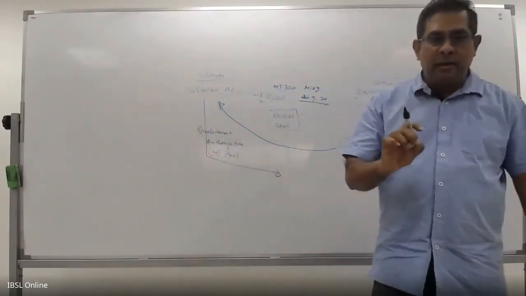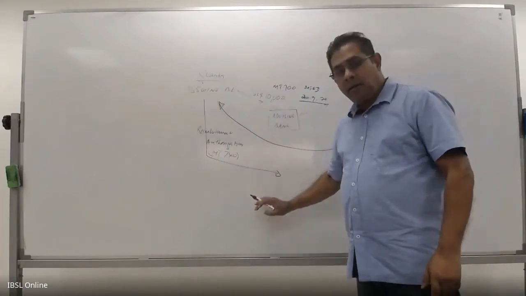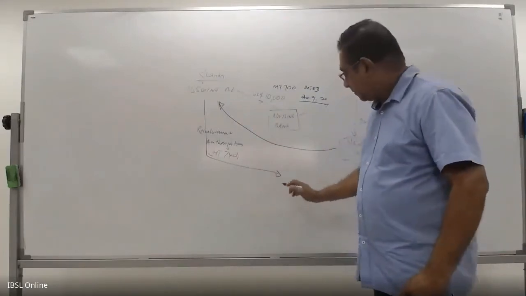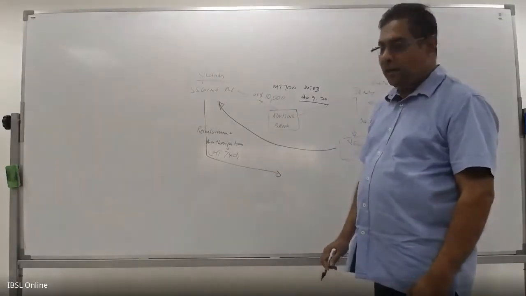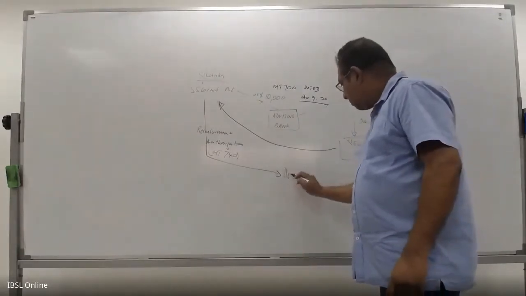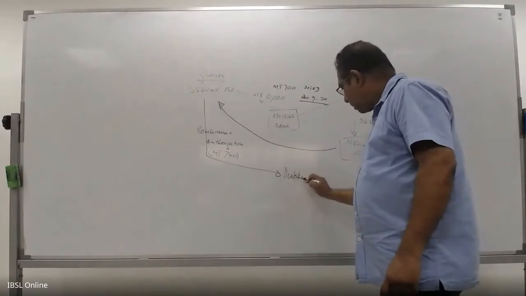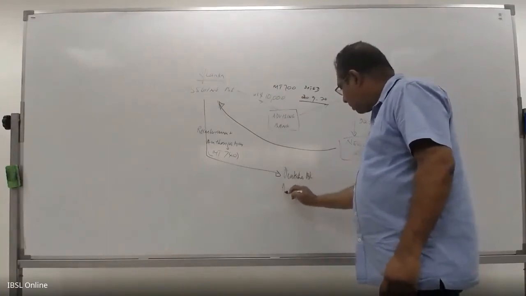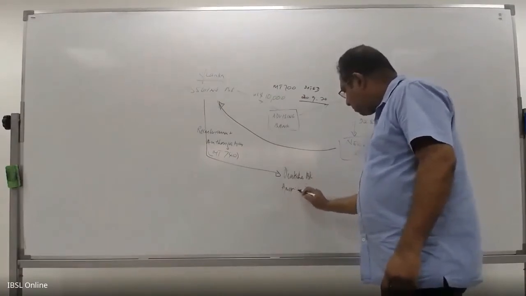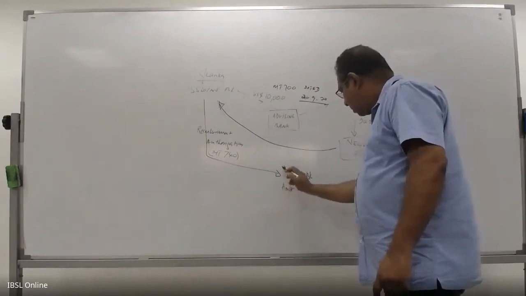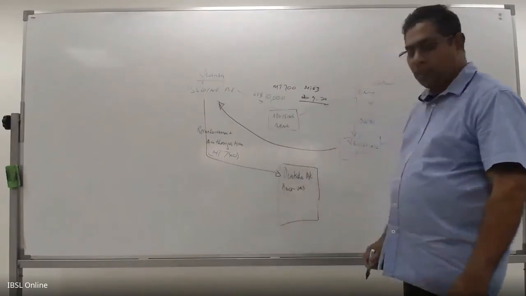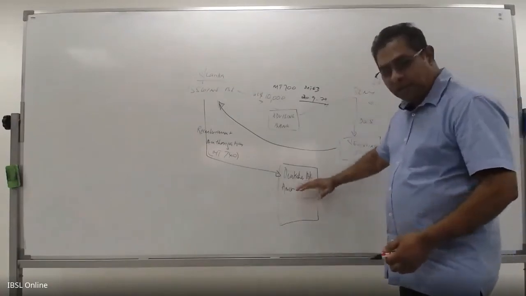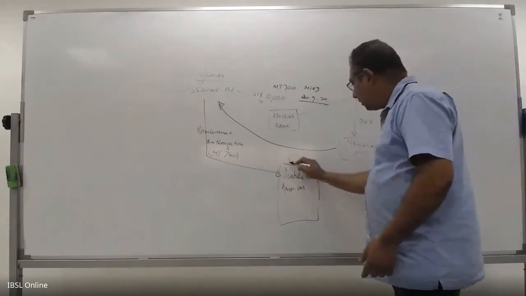That reimbursing bank is domiciled in the US. So we'll say Deutsche Bank Americas. So this Deutsche Bank Americas is the reimbursing bank now.